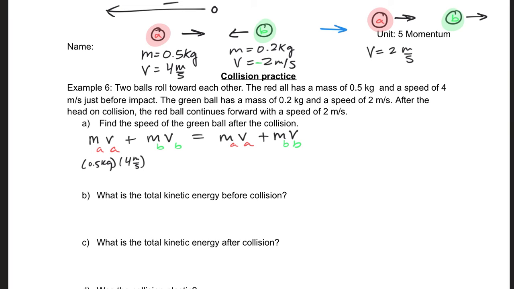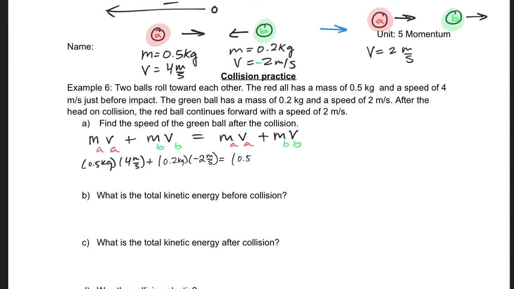I'm just plugging in all the information that I'm given. And the mass of ball B is 0.2 kilograms times negative 2 meters per second.